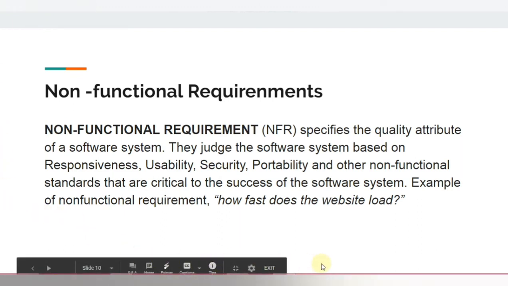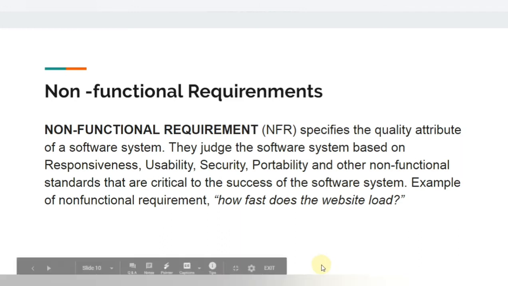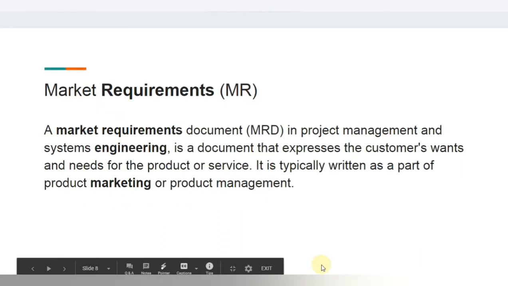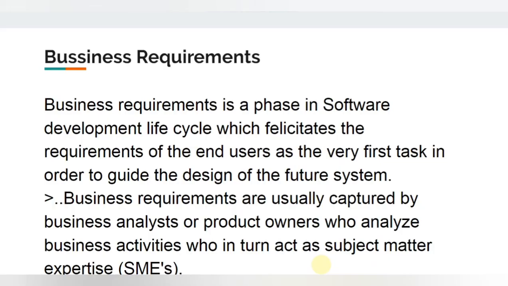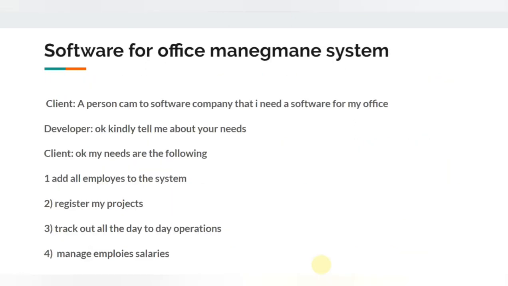The software should be quality assured with regard to security, because millions and billions of rupees are managed by the software system, so it should be secure, because any malicious user or hacker should not be able to reach the confidential data or money that people have put in the bank. So an example of non-functional requirements: how fast does the website load?